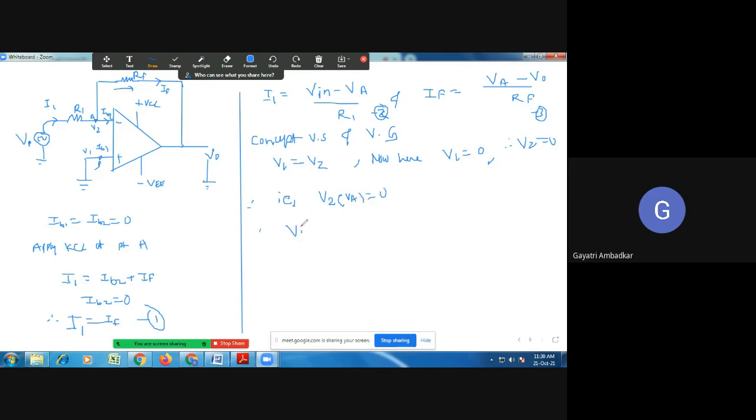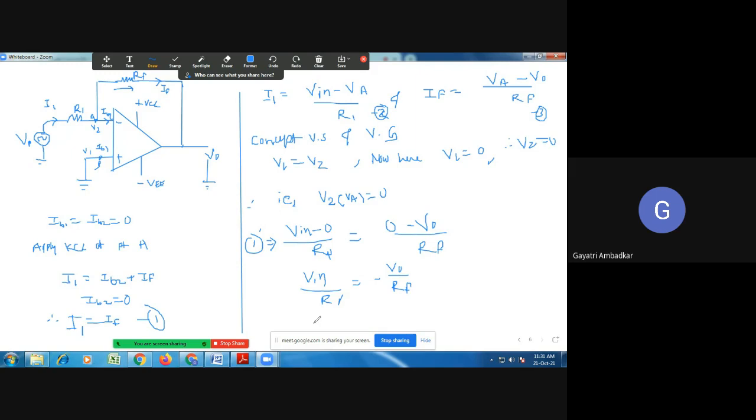Therefore, V in minus 0 upon R1 is equal to VA, which is again 0, so 0 minus VO upon RF. Okay. So V in upon R1 is equal to minus VO by RF.